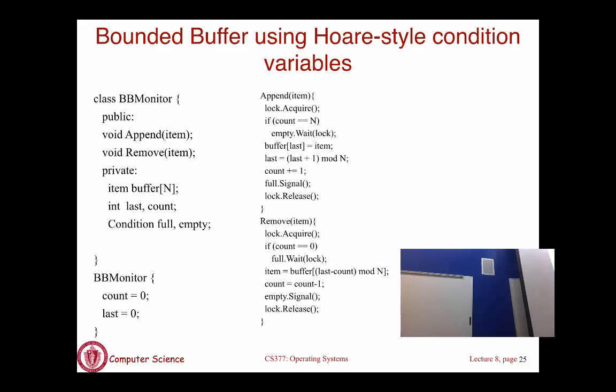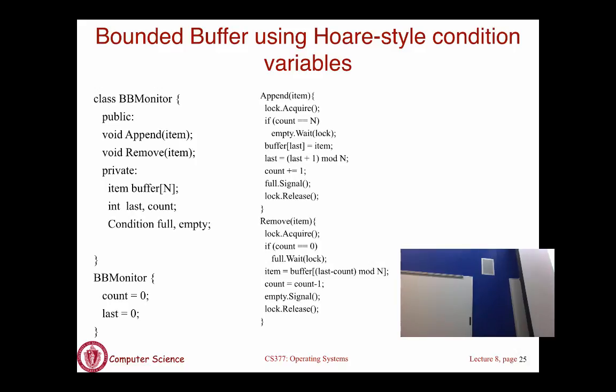You will do an empty.wait, which waits until at least one slot becomes empty. So you basically give up the lock and go to sleep. If that's not the case, you'll produce an item and put it in the buffer. You put the item at last and then increment the pointer saying where the next item is going to be added. So that's basically the producer.